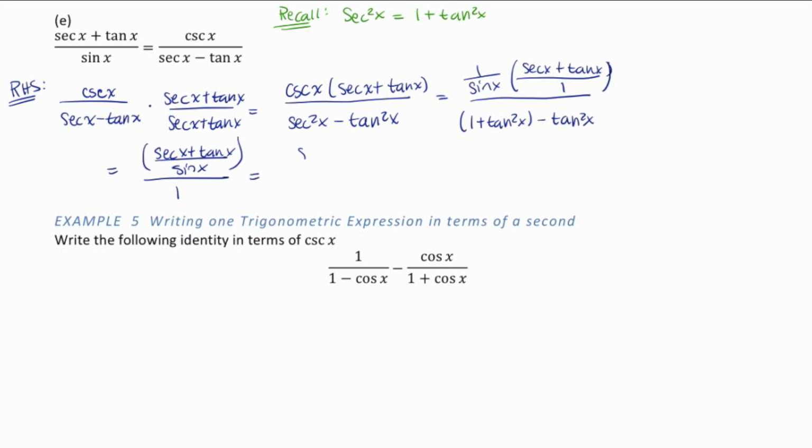So this ends up being secant x plus tan x divided by sine x. Since we managed to derive the left-hand side starting only with the right-hand side, we're done. Let's look at the next example.